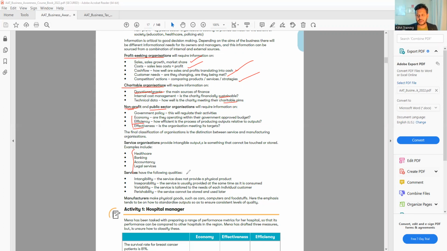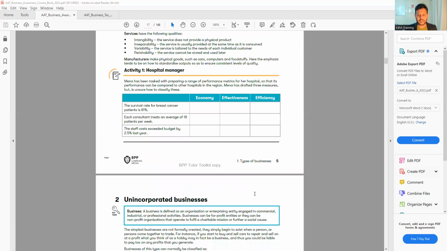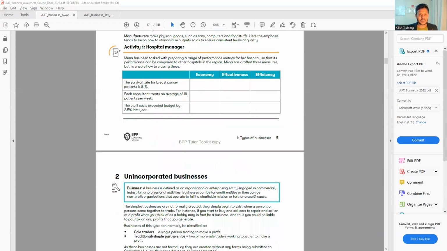All right, so we have one example here. Let's have a look at this example. Activity 1, hospital manager. Mina has been tasked with preparing a range of performance metrics for her hospital so that its performance can be compared to other hospitals in the region.